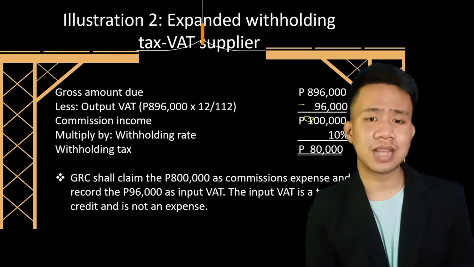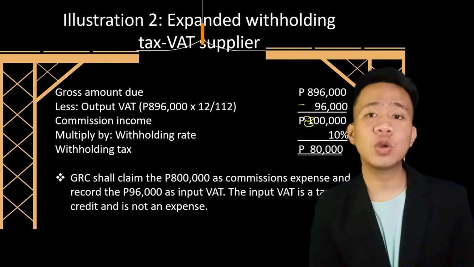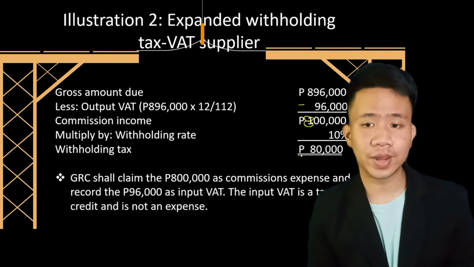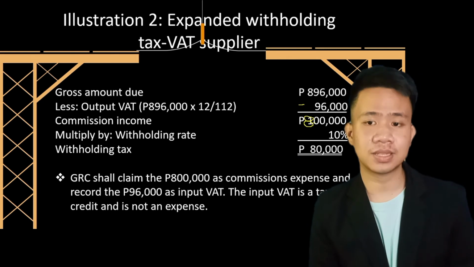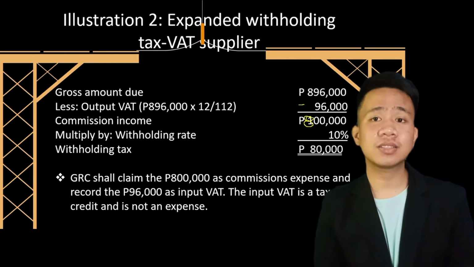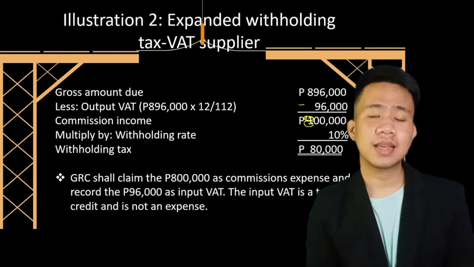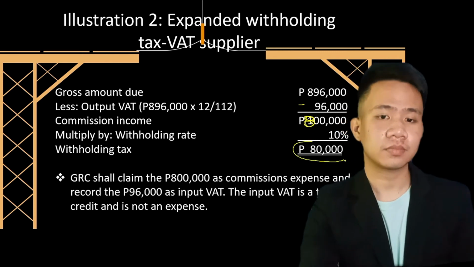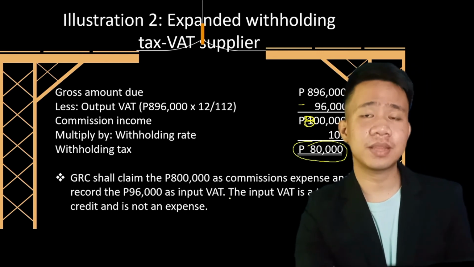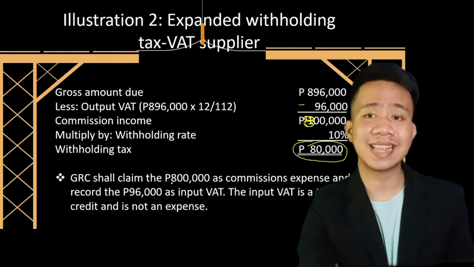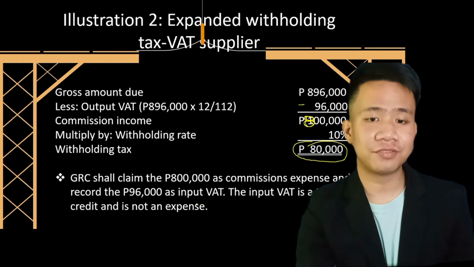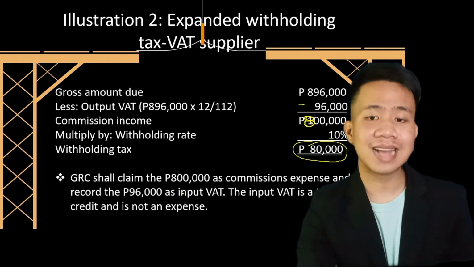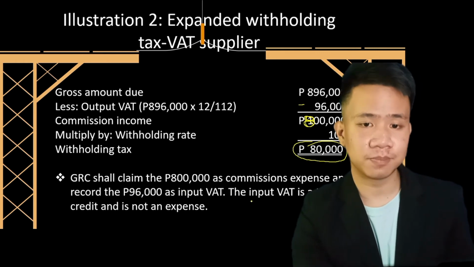With this 800,000 commission income, we are now going to multiply the withholding rate of 10%. So 800,000 times 10%, the withholding tax now is 80,000. So GRC shall claim the 800,000 pesos as commission expense and record the 96,000 as input VAT. The input VAT is a tax credit and is not an expense.